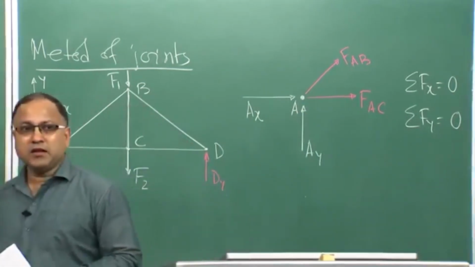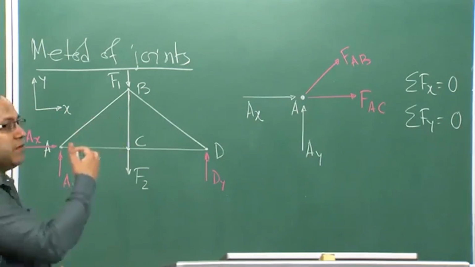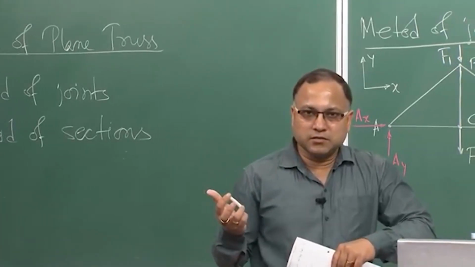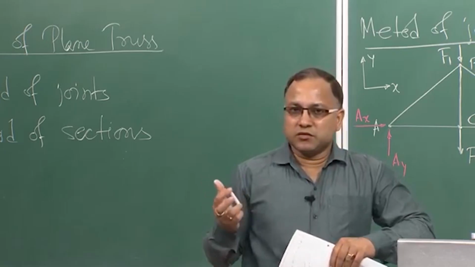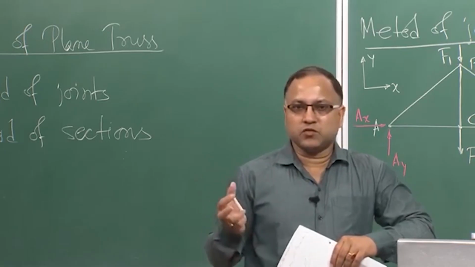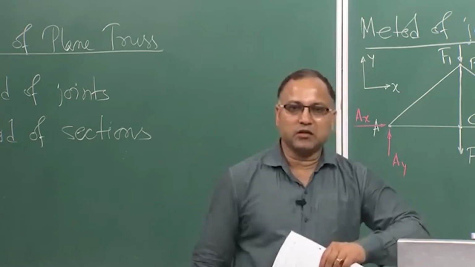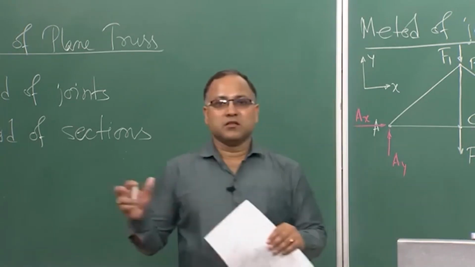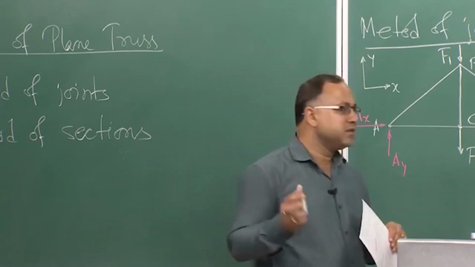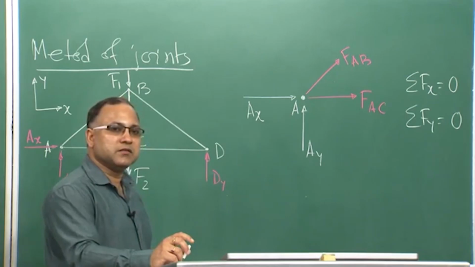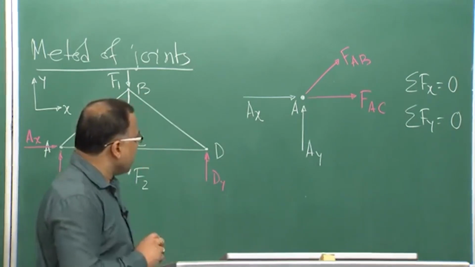So, conceptually you can get these values just by using your vectorial analysis, whatever you have seen earlier in your 10+2 physics class or something like that. Just by following the vectorial analysis, you will be getting the member forces FAB and FAC, right.